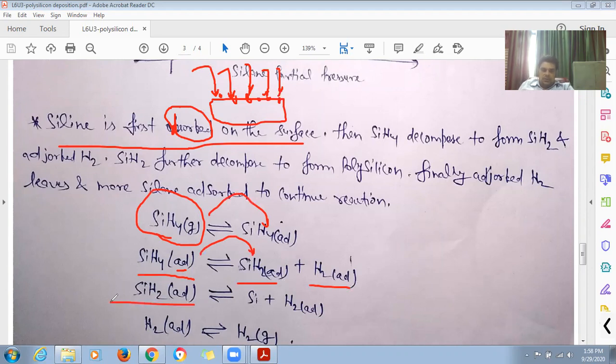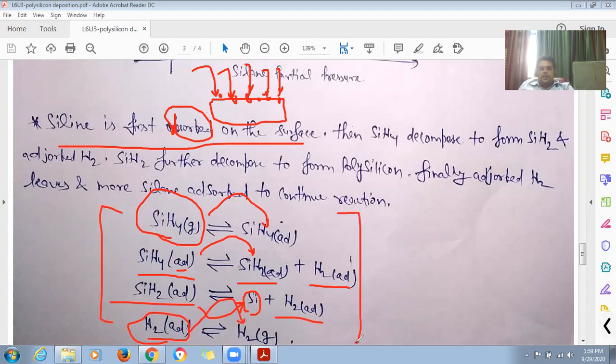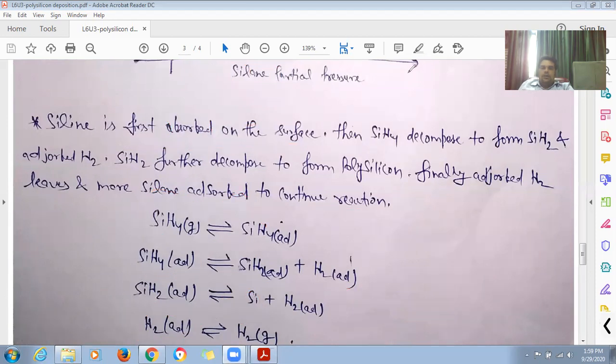Now this SiH2 again decomposes into polysilicon, and hydrogen is adsorbed. Now this adsorbed hydrogen is converted into hydrogen gas. So these are the reactions that actually take place internally. So the overall reaction is SiH4 decomposing into silicon and hydrogen, and these are the intermediate reactions that take place.